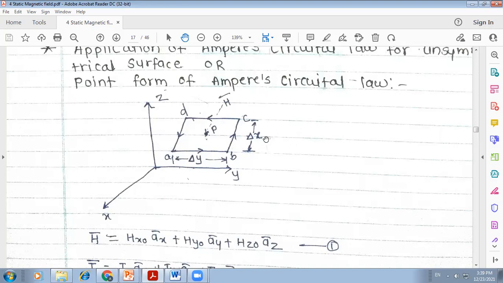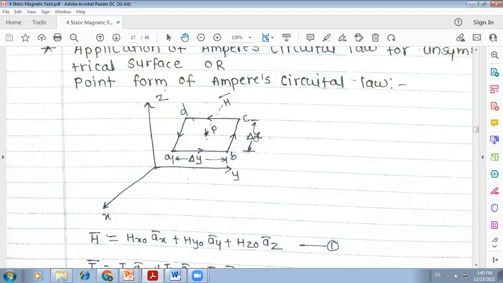So this H bar will become minus, or we can write this as Hx into unit vector minus a bar x, right? We are considering the reference as x here. So it is Hx into unit vector minus a bar x because we are going in negative x direction. Then what will be the dl? For dl, don't consider any direction.